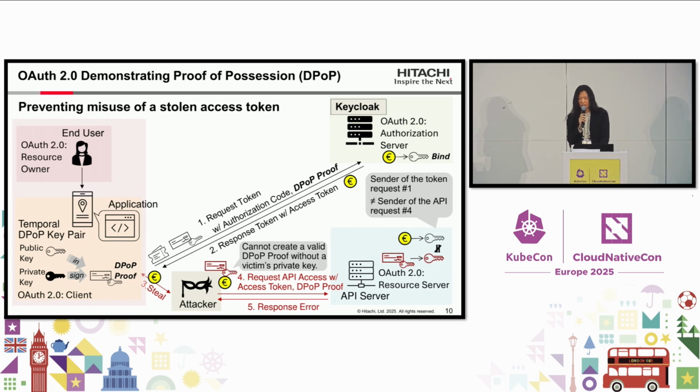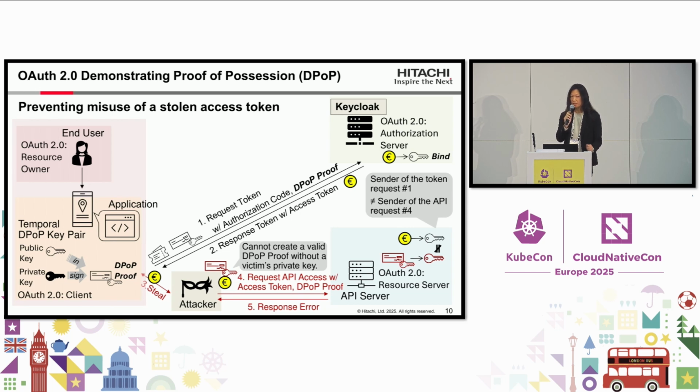So in order to prevent such attacks, DPoP can be used. DPoP enables us to make an access token a sender-constrained token, which means that only the legitimate client application can use the access token. Therefore, even if an attacker steals an access token from the legitimate client application, the attacker cannot use it to access APIs.